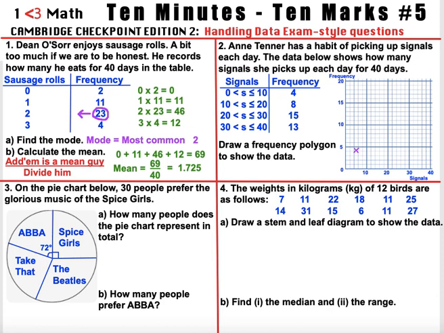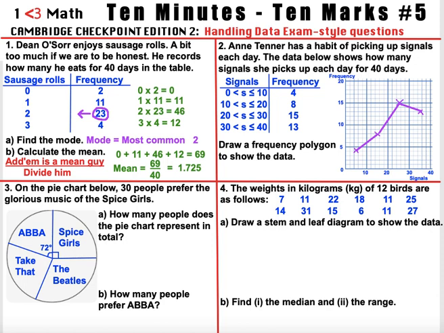Now, between 10 and 20, the midpoint would be 15, so at 15, we're going to plot 8. The next midpoint is 25, and that corresponds to a frequency of 15, so we plot accordingly. And then finally we've got 35 as the midpoint, and we're going to plot 13. Now to make this into a frequency polygon, we just join up these points. So our frequency polygon is going to look like this, and that would be the correct answer for question 2.